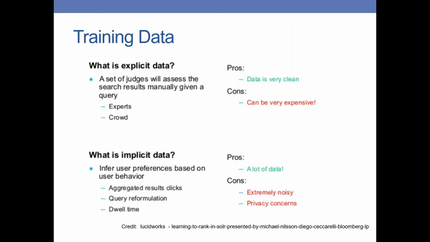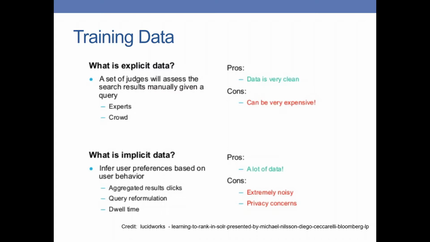There are two ways: one is explicit and one is the implicit way of data labeling. Explicit data is where you give the search results to, let's say, a team of experts and ask them to manually score the documents. It is a very time consuming and costly process, but the final data is of high quality.